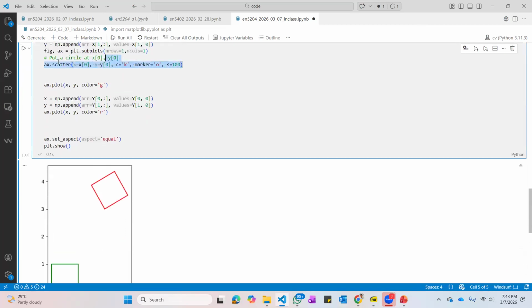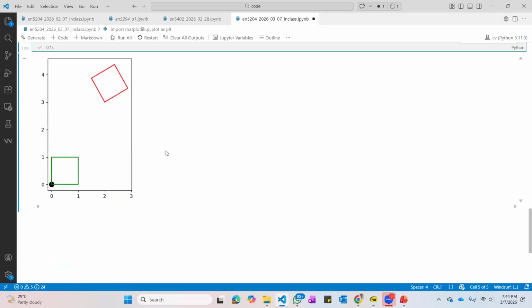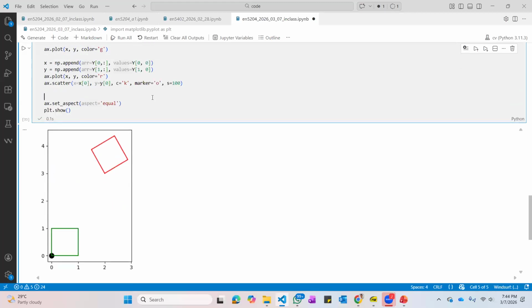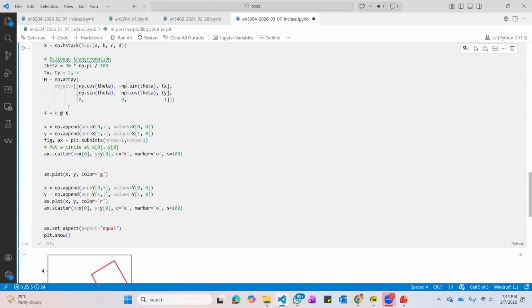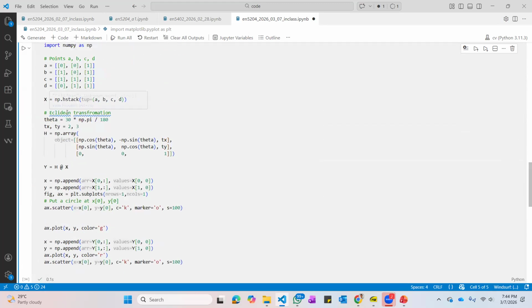I won't put a marker in the next plot also. X5, and now I will not put the marker. Black is fine. Okay. So you can see now the translation has happened. I said 3 and 2. So this point has translated by 3 and 2, and the rotation has been 30 degrees because we set theta to 30 degrees.